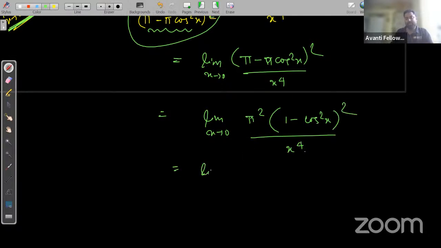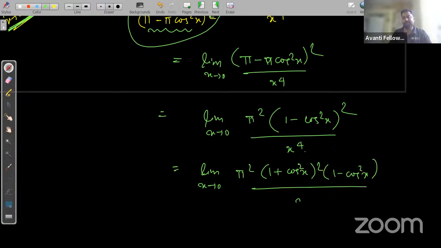So this becomes limit x tending to 0 pi square. This can be written as 1 plus cos square x whole square into 1 minus cos square x whole square, divided by x to the power 4.